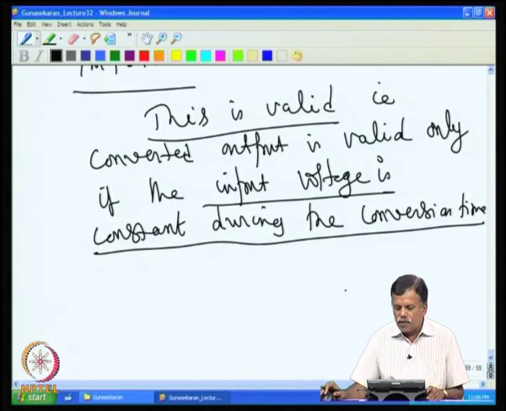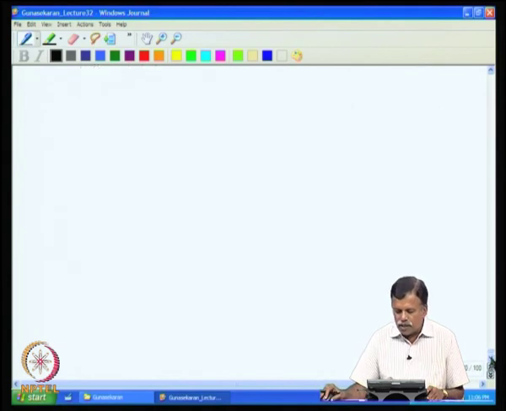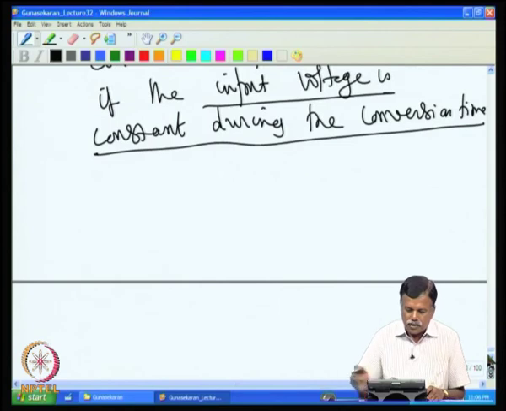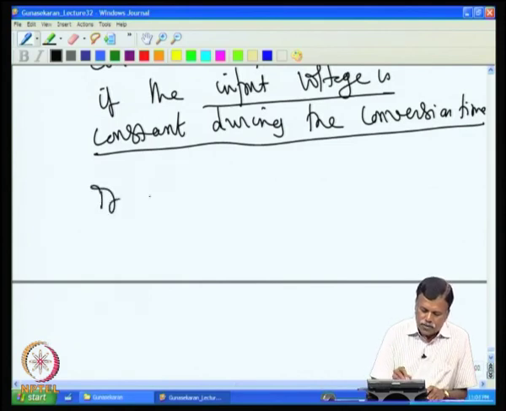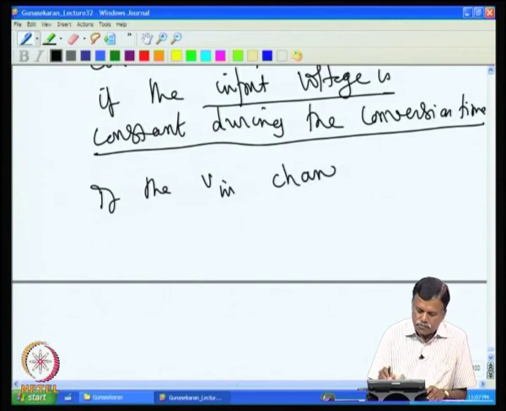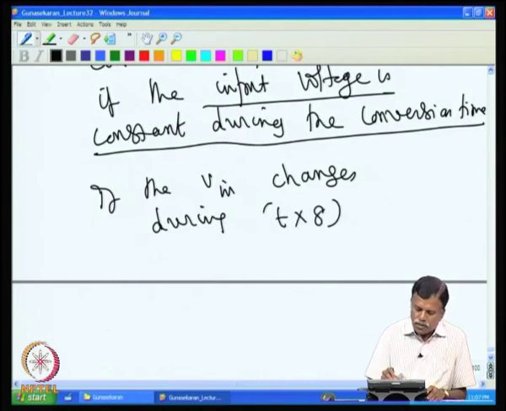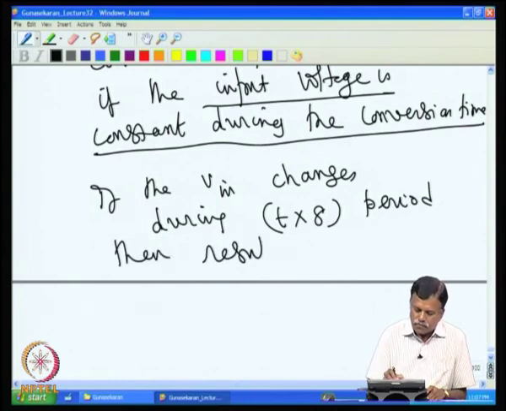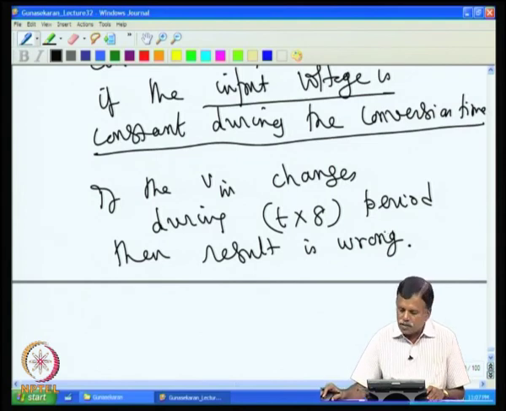If the input changes during the conversion time, then the converted result is wrong. If the V in changes during the T into 8 period, the conversion period, then the result is wrong.